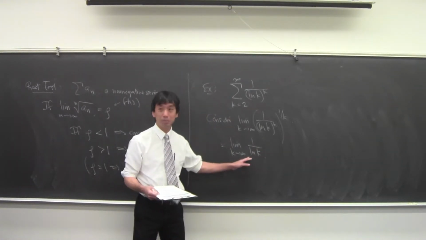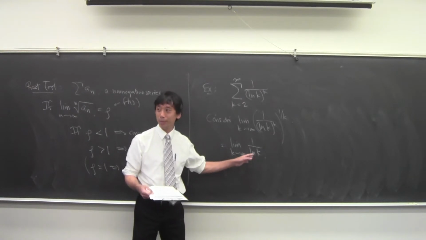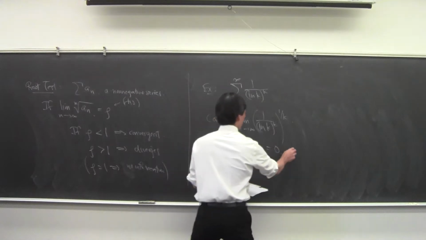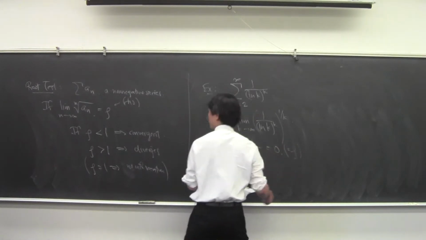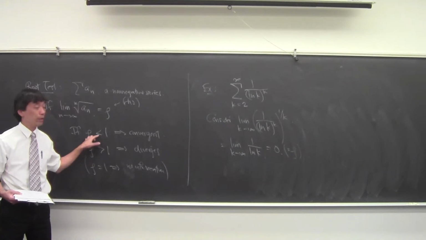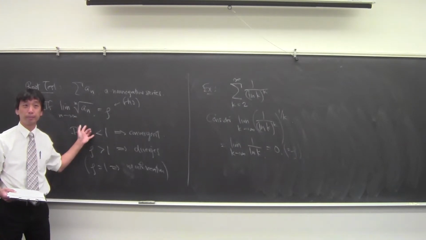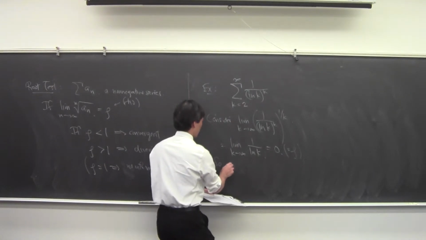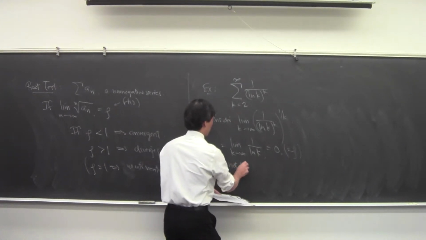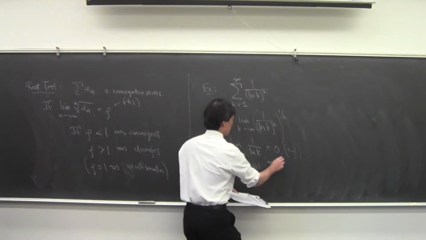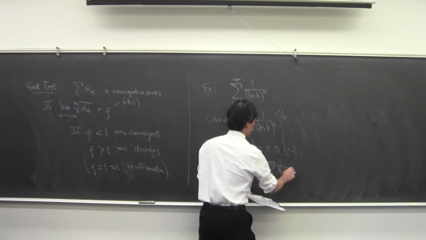Well, what's that? That's 0. So that's our rho. You go back and the test says that the series converges.